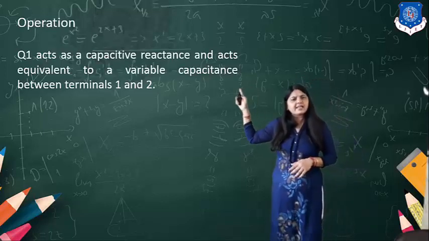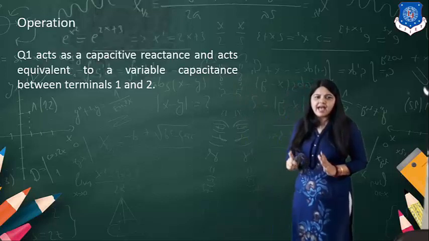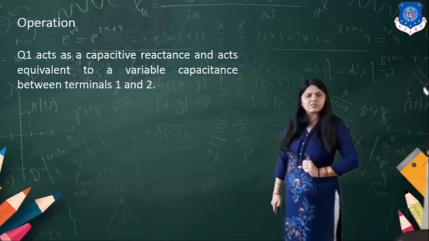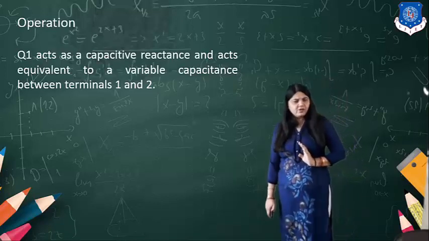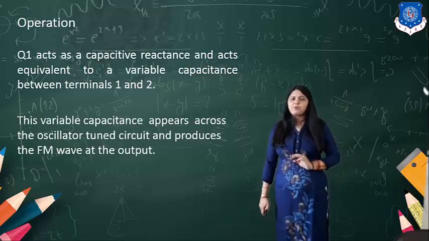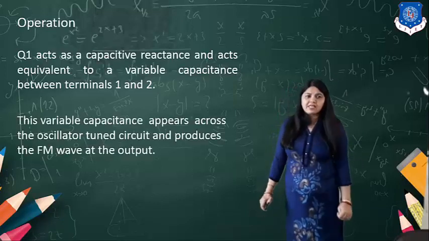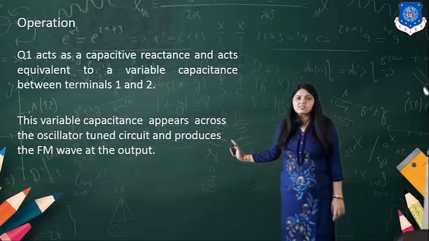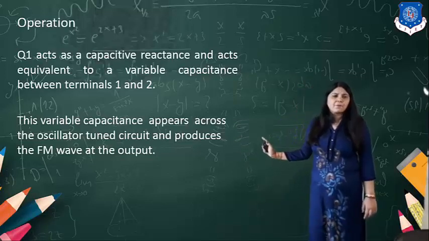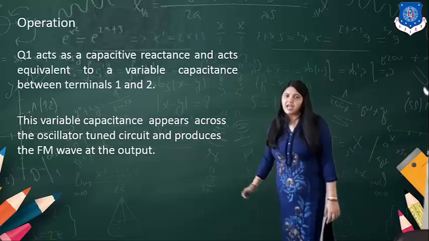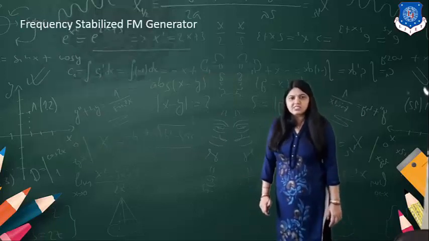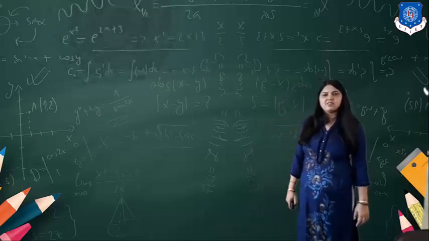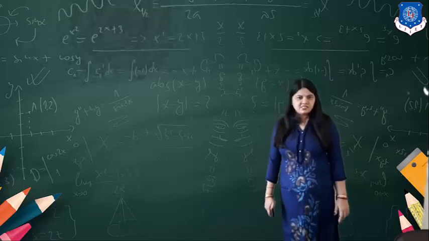So Q1 acts as a capacitive reactance, equivalent to a variable capacitance, and across the output of the transistor Q1, terminals 1 and 2, we have the variable capacitance. This variable capacitance appears across the oscillator tuned circuit and produces the FM wave at the output. This way we get the output in this kind of transistor-based circuitry.